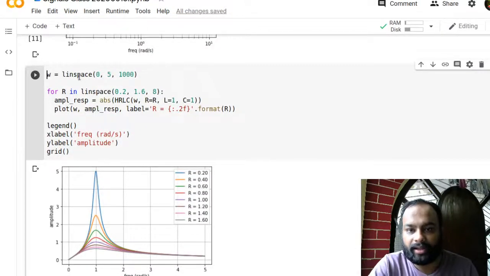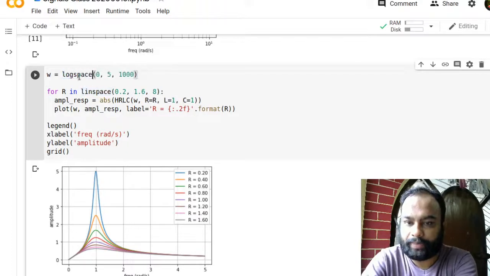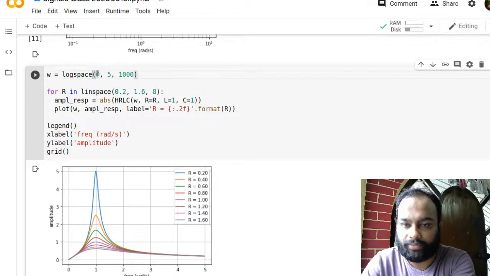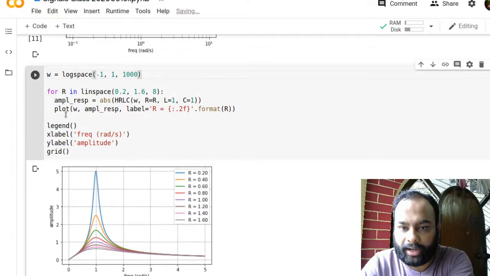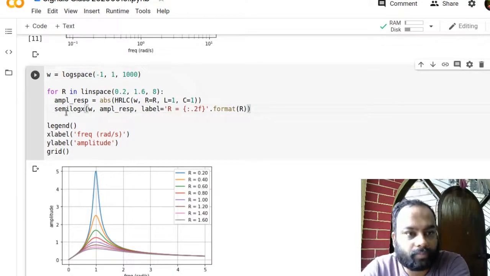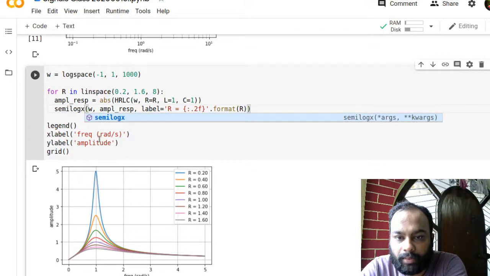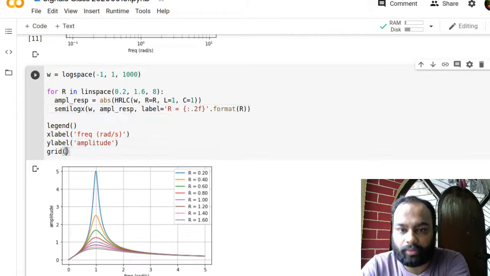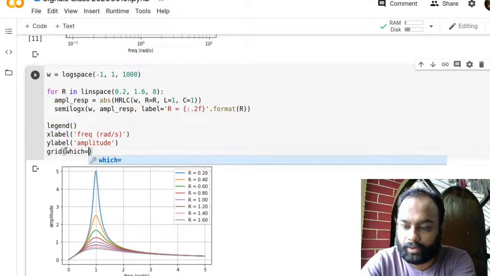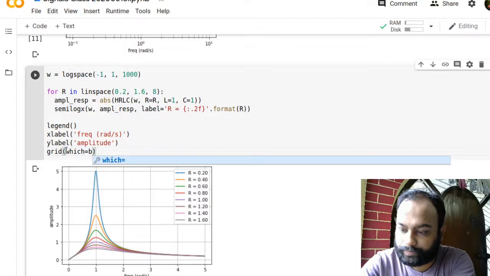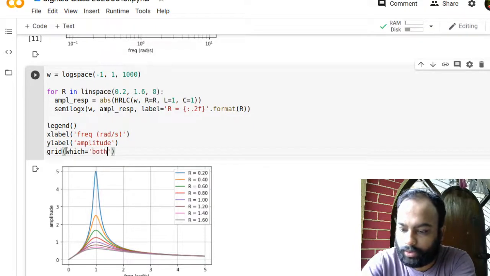Same thing here. If I take log space here from 10 to the power minus 1, go up to 10 to the power 1 and do a semi-log x, and do a which equal to both.